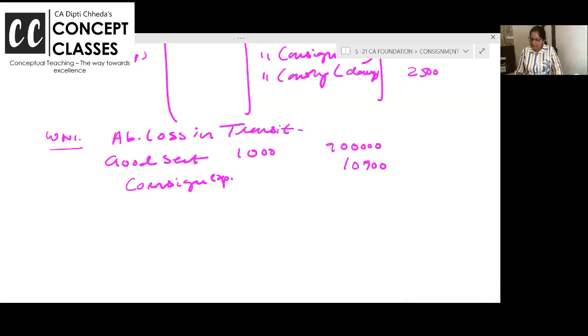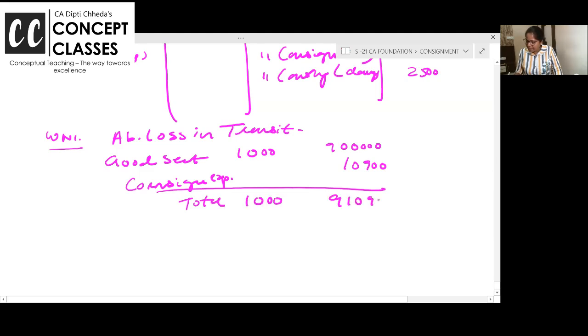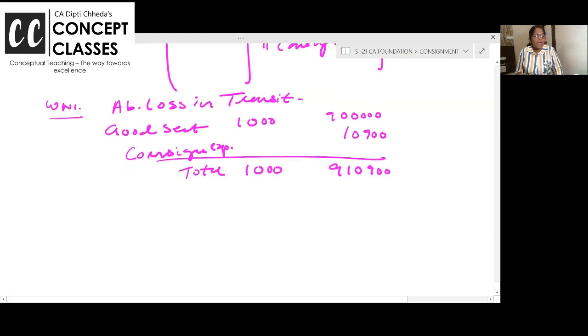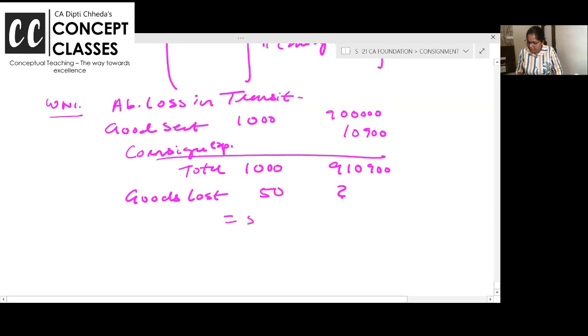Total 1,000 units का cost था 9,10,900. Out of that, goods lost in transit 50 का कितना? 50 into 9,10,900 divide by 1,000, 45,545. Are you all clear?